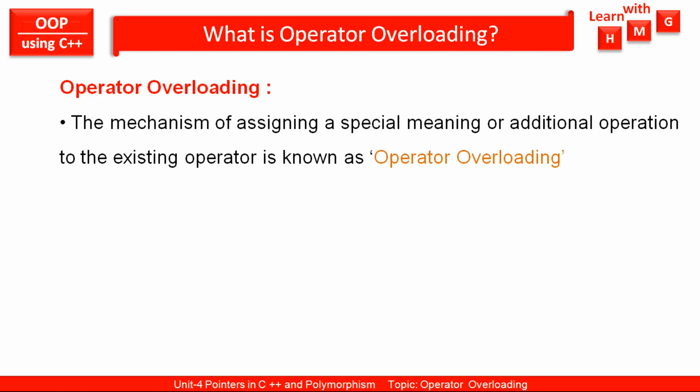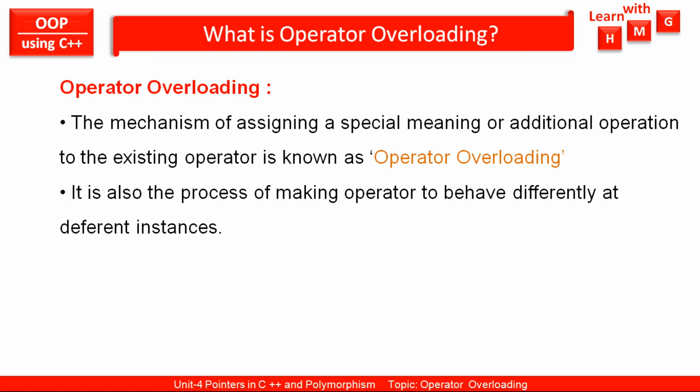Like this the operator will behave differently on different operands, and that mechanism of assigning this additional operation to the existing operator is known as operator overloading. It is also the process of making an operator behave differently at different instances.